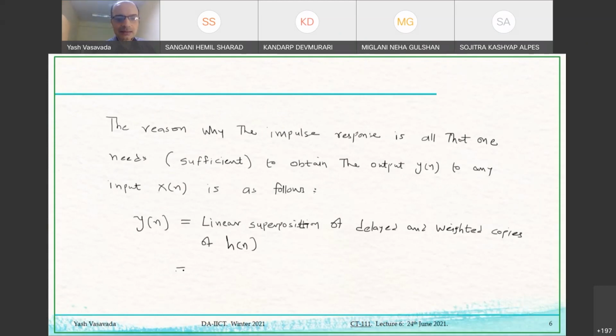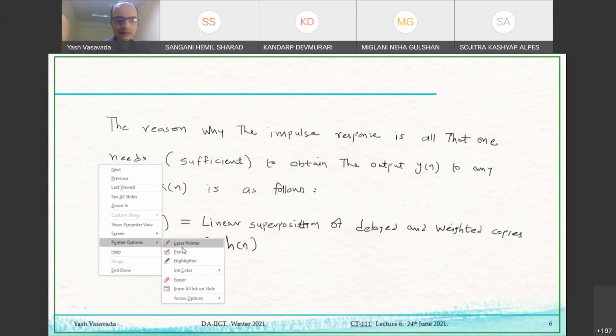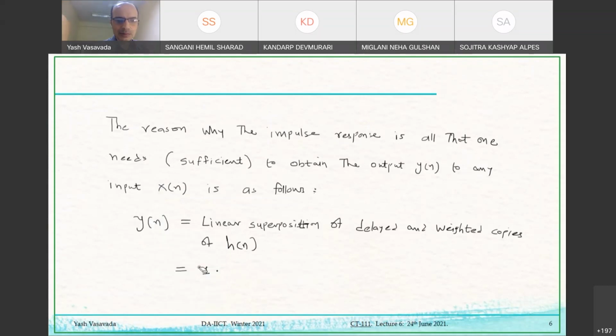So in that case, y of n will be equal to x of 0 times h of n plus x of 1 times h of n minus 1 plus x of 2 times h of n minus 2.